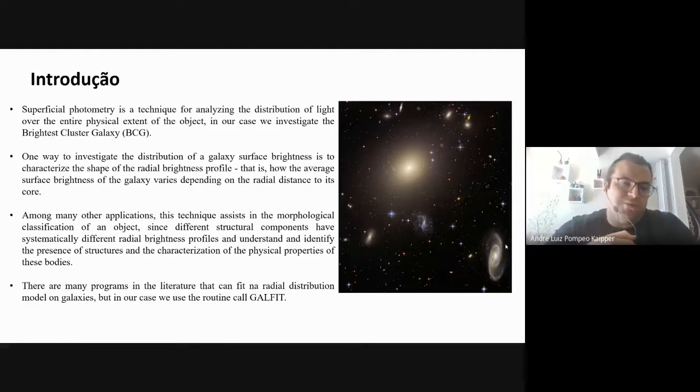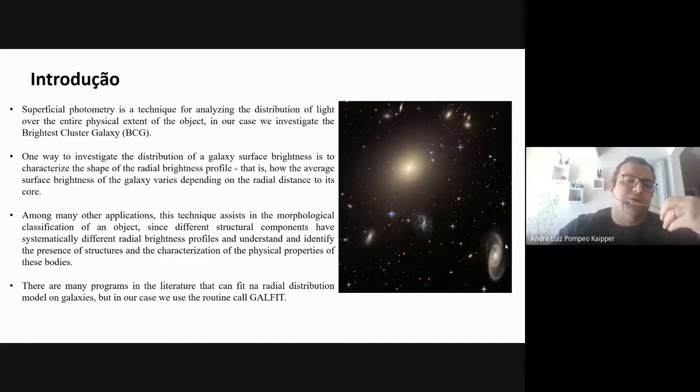So, one way to investigate the distribution of a galaxy's surface brightness is to characterize the shape of the radial brightness profile. That is how the average surface brightness of the galaxy varies depending on the radial distance to its core.